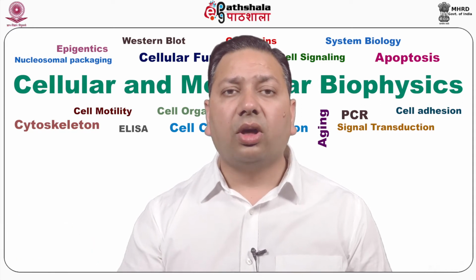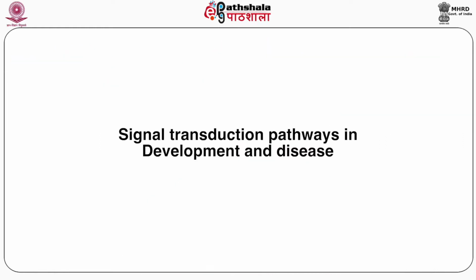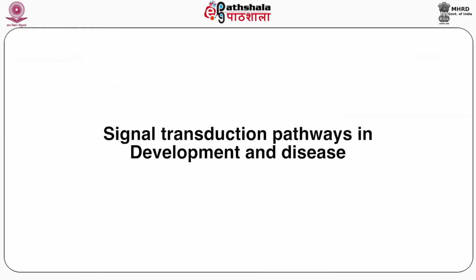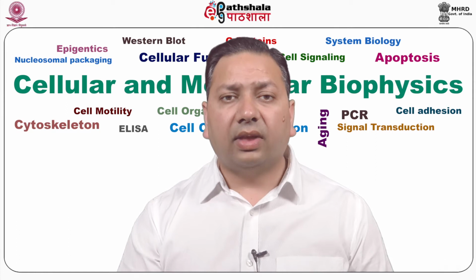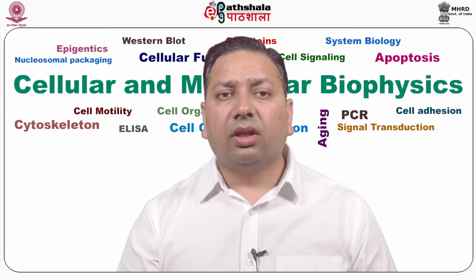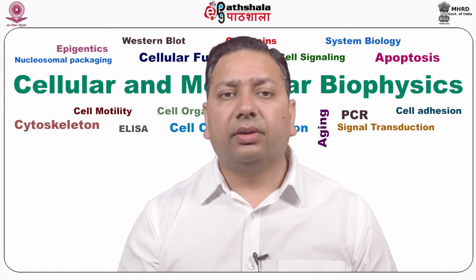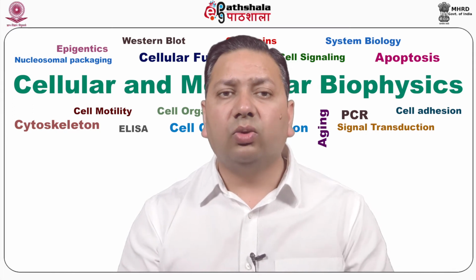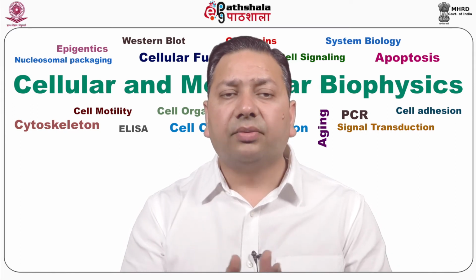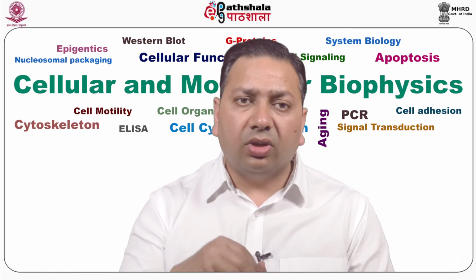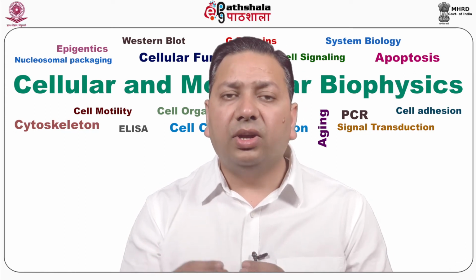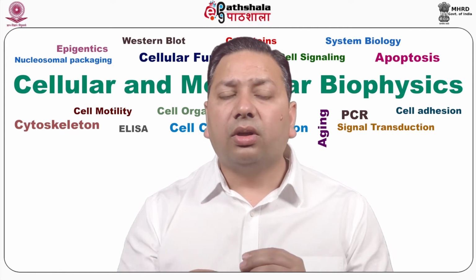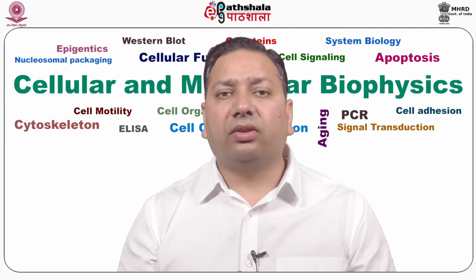Today I am going to talk about a module named Signal Transduction Pathways in Development and Disease. As you know, a cell has an environment outside it, and certain molecules are required to come into the vicinity of the cell, to be utilized for different biological processes.